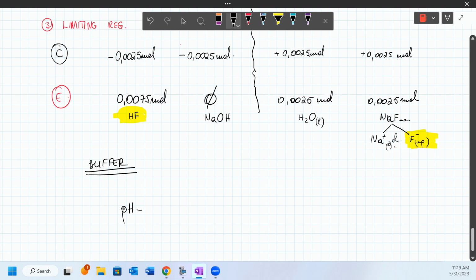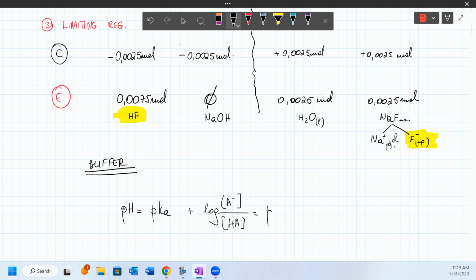So pH is equal to pKa plus log of the concentration of A minus over the concentration of the acid. But since we are dealing with the ratio, we can even write it as pKa plus log of the number of moles of the conjugate base over the number of moles of the acid.